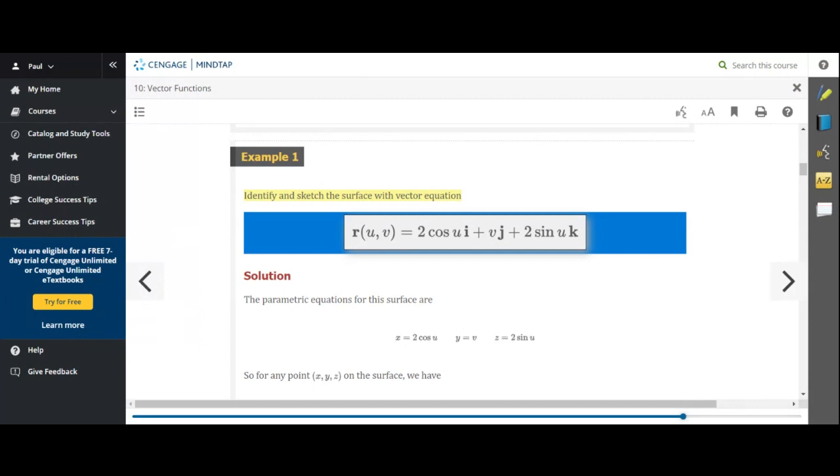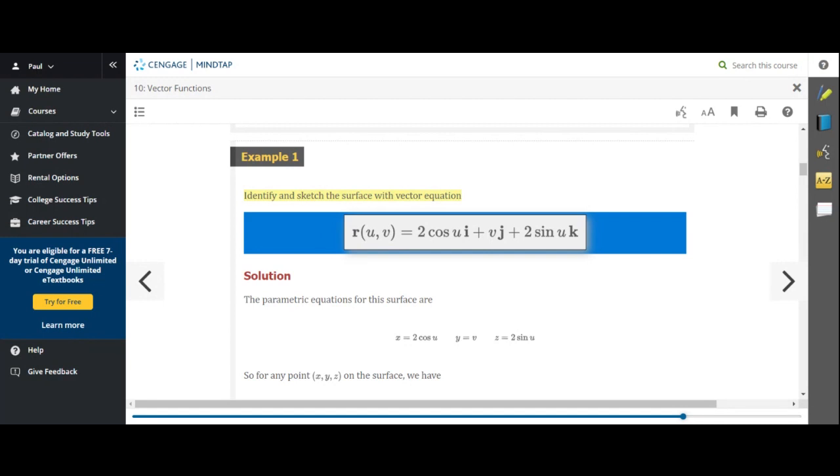What values do you need on u to trace out a complete circle? u has to be between what? 0 and 2 pi. That's right, everybody.